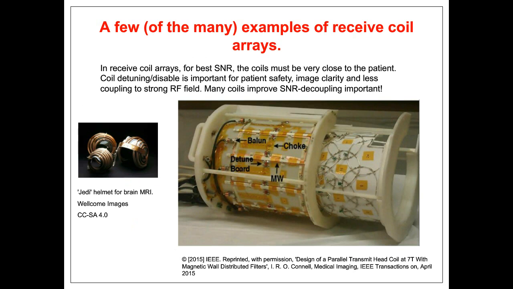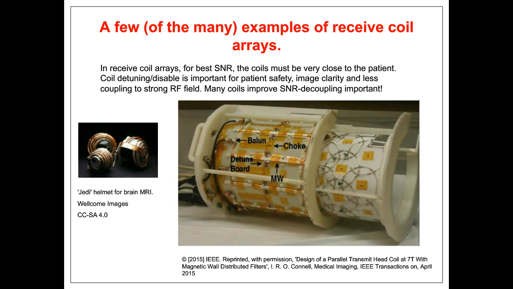And this is a very good picture of what a head coil looks like that really describes everything I've talked about before. It came out of IEEE Transactions on Medical Imaging. This shows a head coil where the outer structure has a TEM-like transmit structure, and the inner structure shows an array of receive coils, and as you can see, that overlapping is quite obvious.